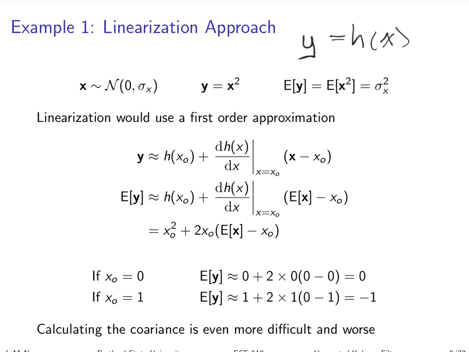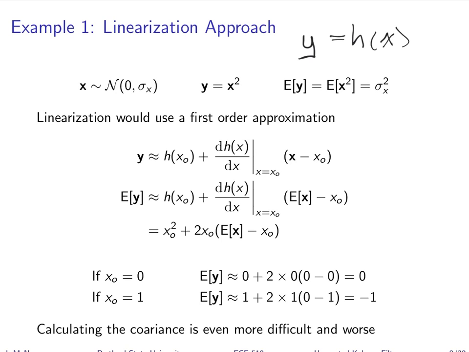And if we apply that to this very simple nonlinearity, and we evaluate this at the expected value of x, where we know the mean of that random vector, then we end up with this expression. And if you evaluate that for x naught equal to 0, then once again we end up with an estimate of 0, where we know truly, since we're taking the expected value of the square of a normally distributed random variable, it should have been just the variance of whatever that distribution is.